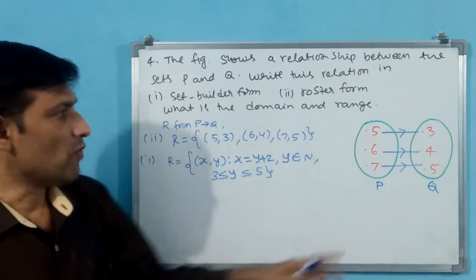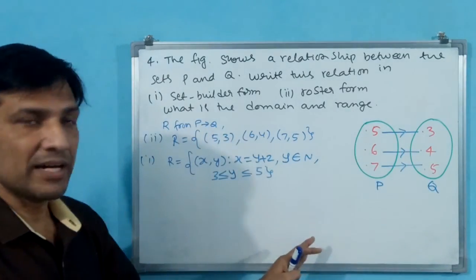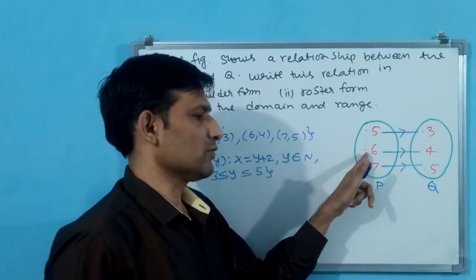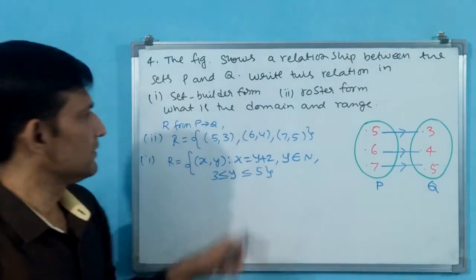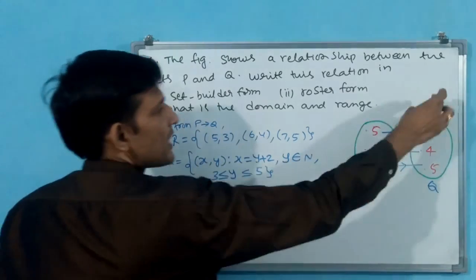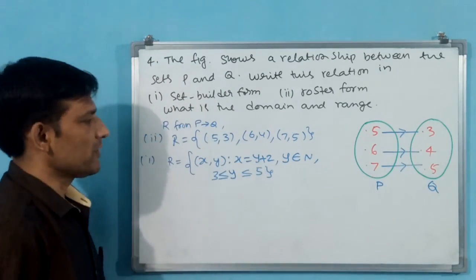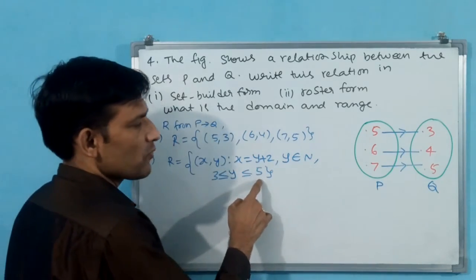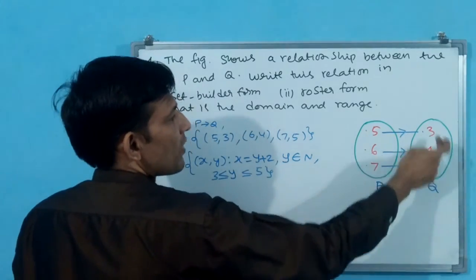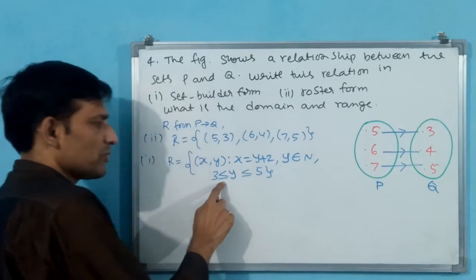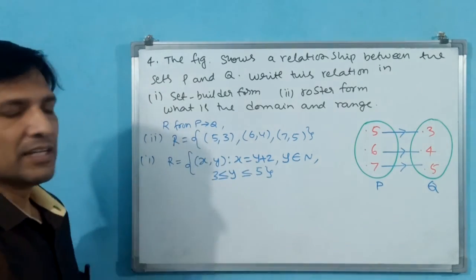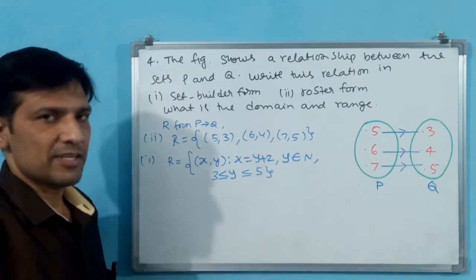You see, x is bigger, that is why based on y we are taking x is equal to y plus 2. Yes, natural numbers, only 3, 4, 5. y should be greater than or equal to 3 and less than or equal to 5. 3 also will come, equal to is there, 5 also will come, 4 also will come. This is the set builder form of this relation.